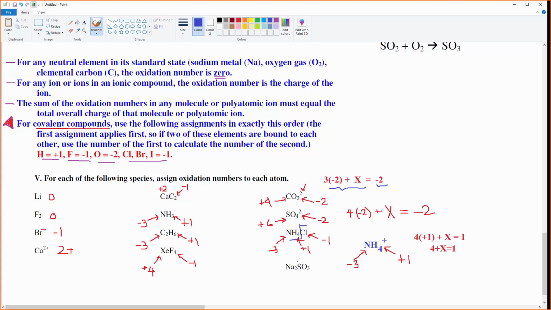All right. Let's do this one. Sodium sulfite. How would we assign these guys?